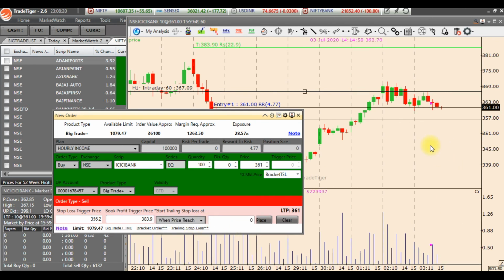If you want to trail the stop loss only when the market price reaches a certain level, say in this example, if the price moves from 361 to 367, automatically your stop loss should be trailed. Till that time it should not move. In that case, just mention 367. Automatically your trailing stop loss will move only when the price crosses 367.